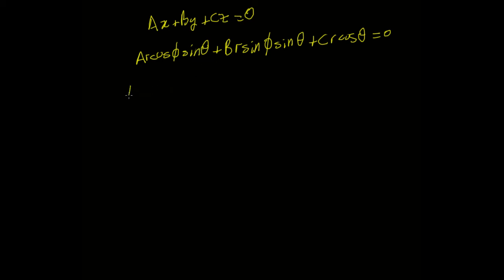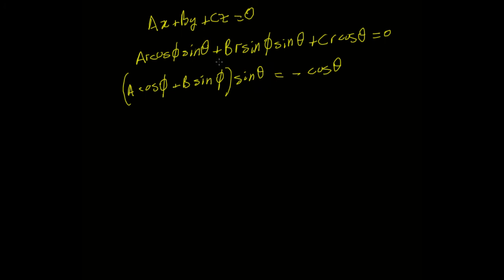So you'll end up with a cos phi plus b sin phi, all times sin phi would equal minus cos of theta, sorry, that's going to be sine of theta. Okay, that's a common factor, sine of theta I've taken out.